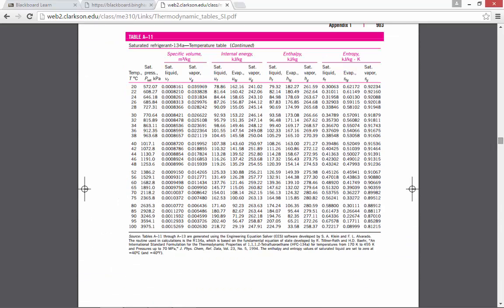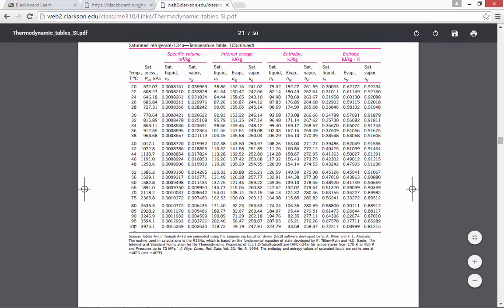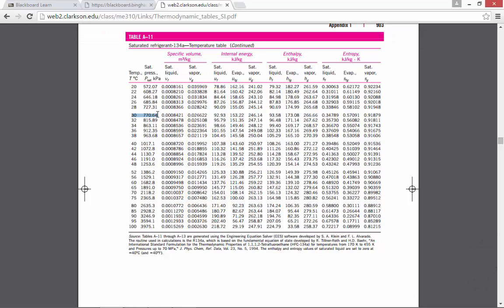Or if we go to the temperature table for the same refrigerant and check the saturation pressure at 30 degrees C, it should be 700, right? But our pressure here is 1 megapascal. It's higher than that, so it's compressed.